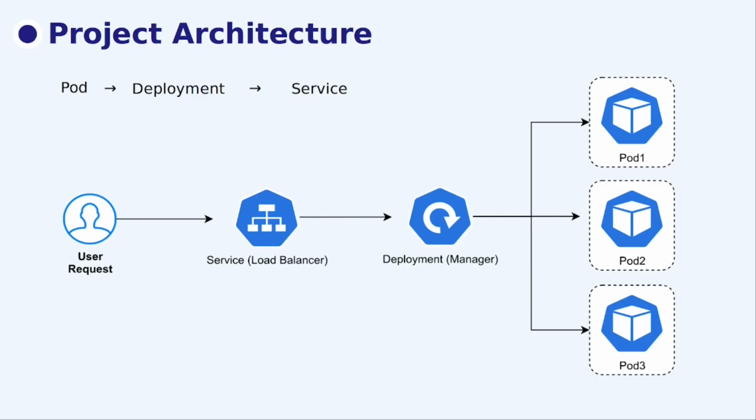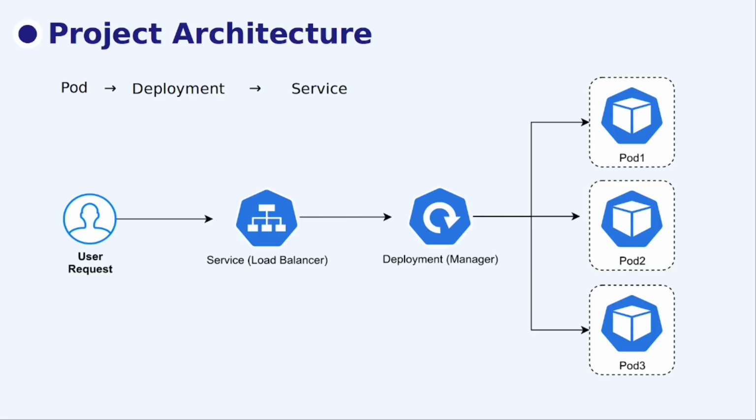Above the pods, we have the deployment. The deployment is responsible for managing the pods. It ensures that the correct number of pods are always running. In this example, the deployment will create 3 replicas. This means 3 identical pods running the same application.